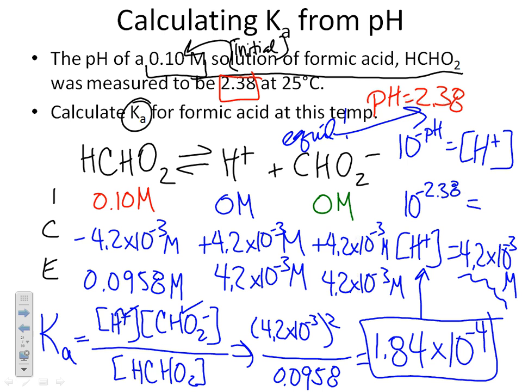Now this is a very common magnitude range for Ka values. Ka values are pretty small. The largest of them start at around 10 to the minus 3rd, and they go to about, the ones that we tend to see, 10 to the minus 8th, 10 to the minus 9th or so.